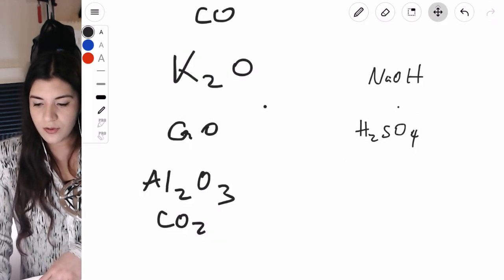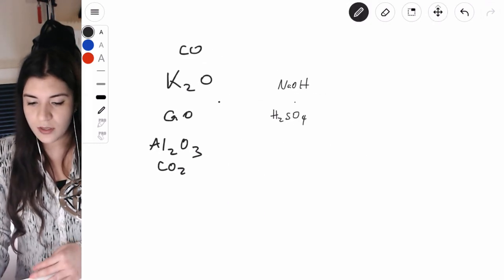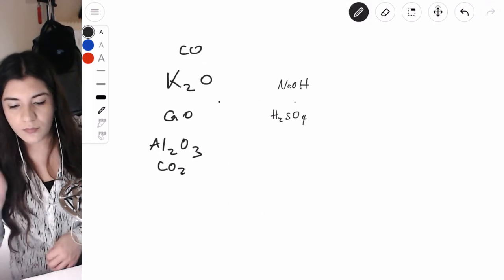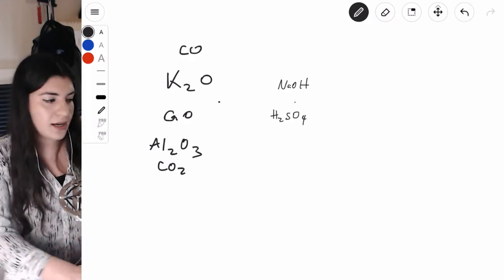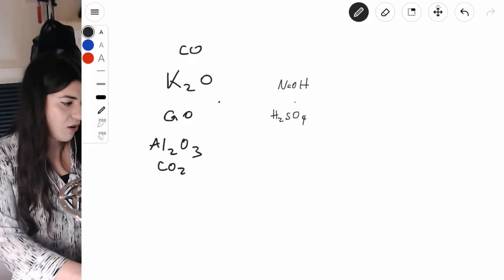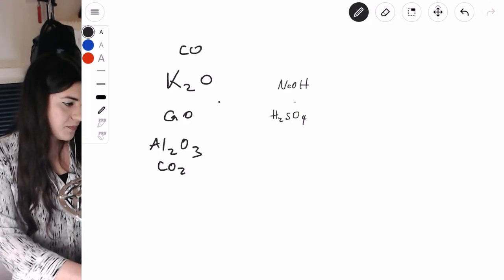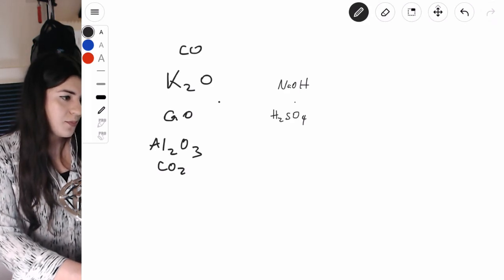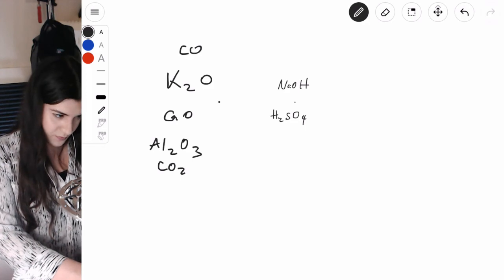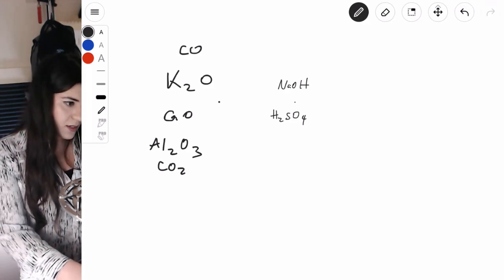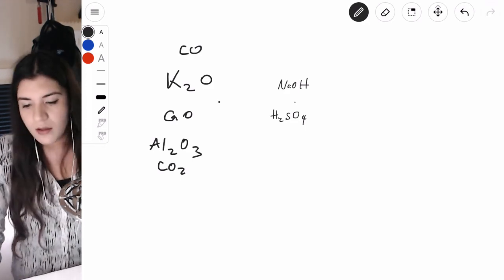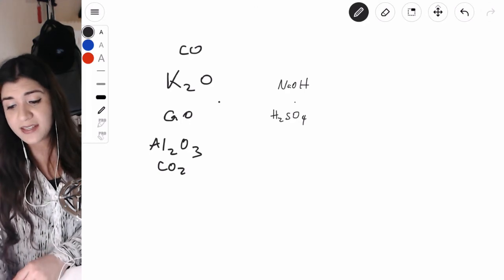Okay. So let's see what we can do. I would kind of look at them and just see what's the main difference between all of them. Hold on. Let me see what I can find with this. So it can't react with acid.